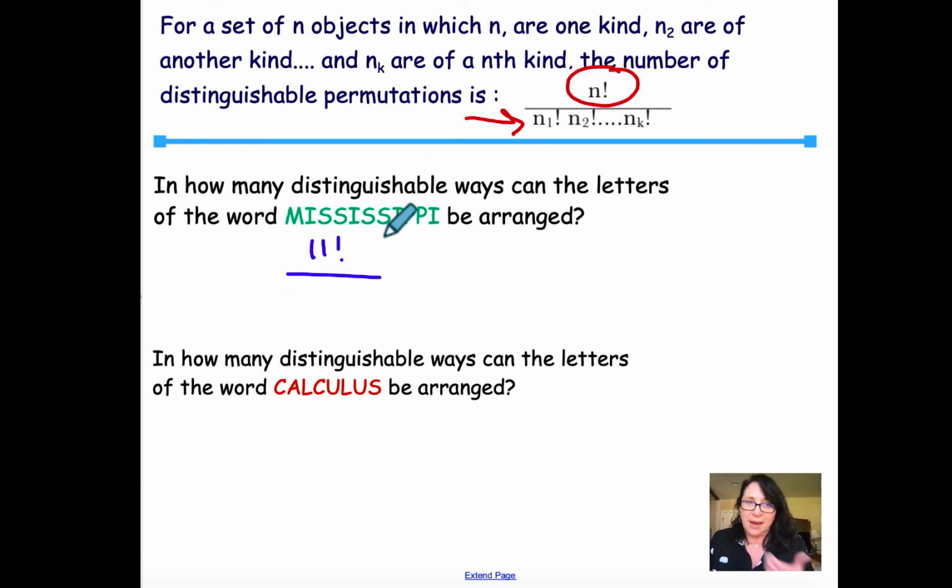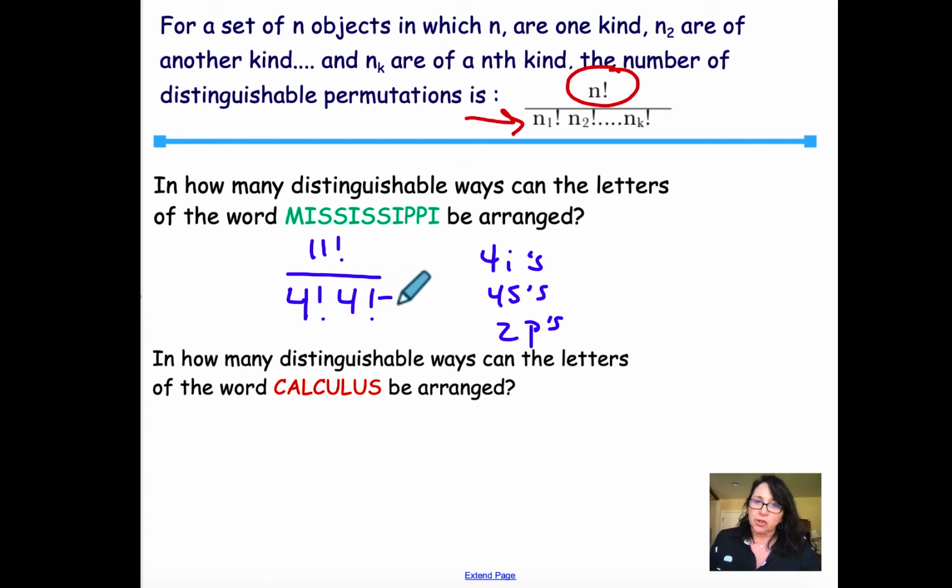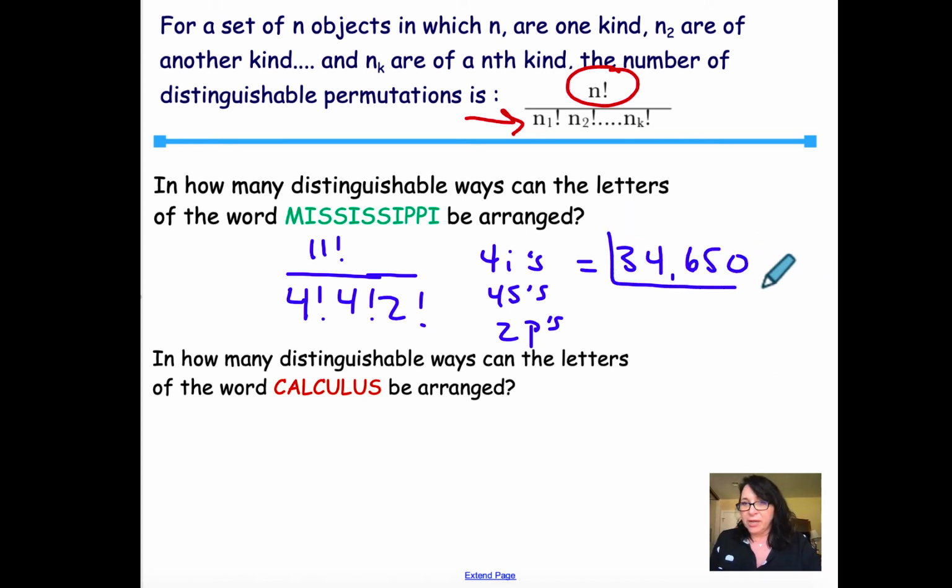It looks like you've got 4 I's, 4 S's, and 2 P's. Therefore, we have to divide out 4 factorial, 4 factorial, 2 factorial. We divide out all our repeaters, and we end up getting 34,650 different ways that the distinguishable letters in the word Mississippi can be rearranged.